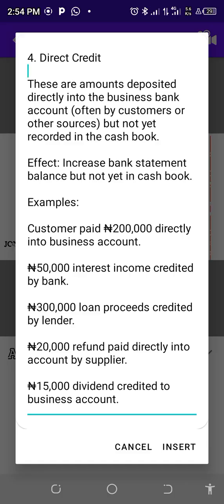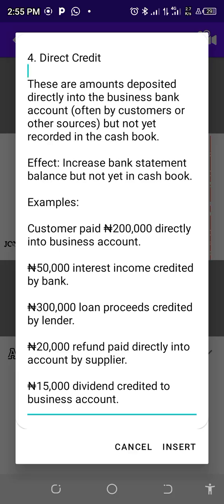And so the bank account has been credited directly, and such a transaction has not been entered on the debit side of the cash book. The effect is that the bank statement balance will increase, but the cash book balance will not increase, because no entry has been made, because they are not aware of the direct credit entered directly in the bank.